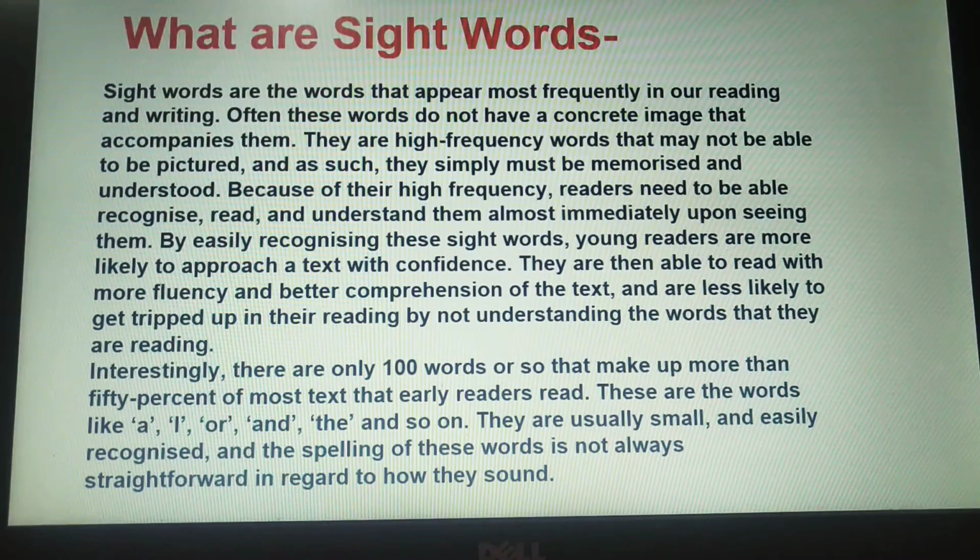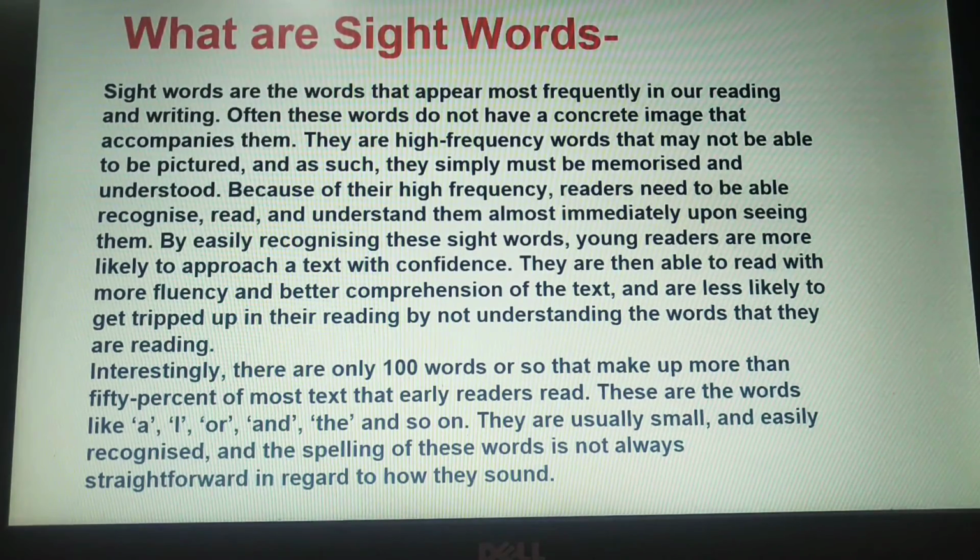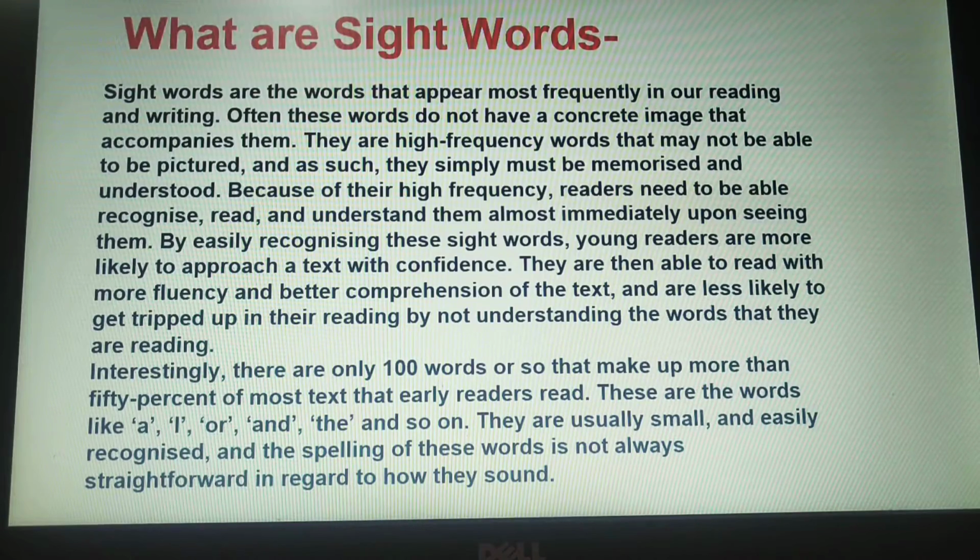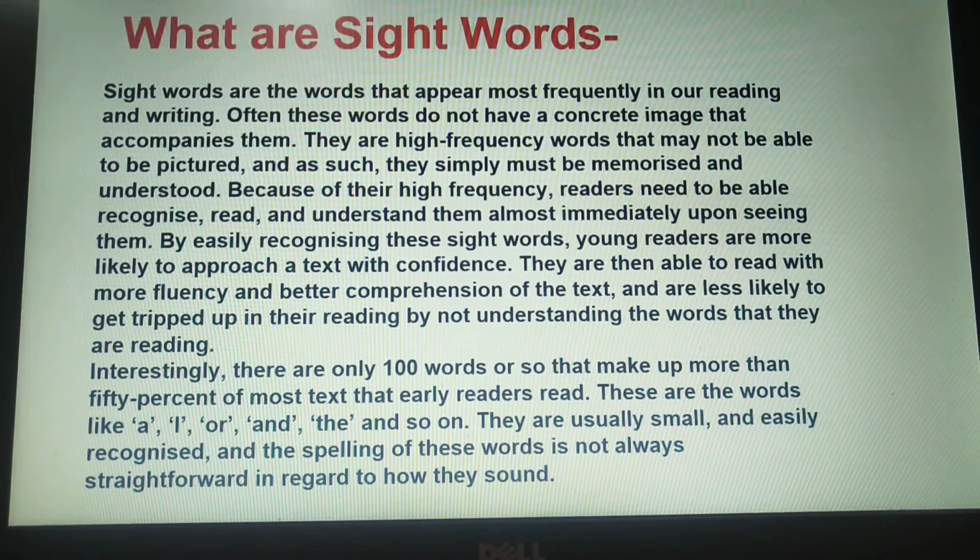Interestingly, there are only 100 words or so that make up more than 50% of most textbooks that early readers read. So it is not that you have to learn so many words. It is very simple. There are very few of them, the sight words, which help you to start up with reading. These are words like a, I, or, and, the, and so on.